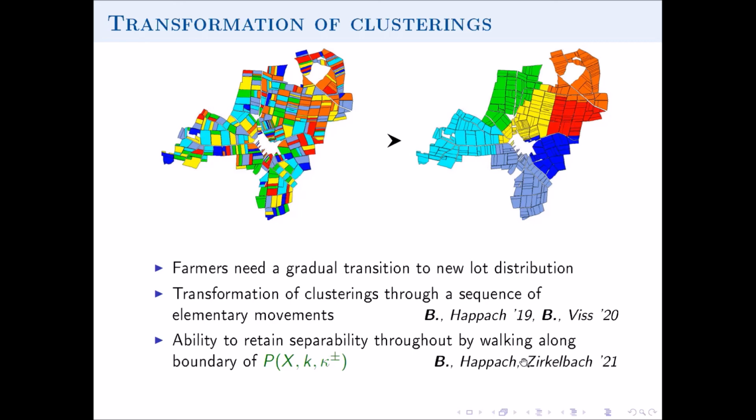And we are actually able to retain separability throughout by walking along the boundary of the partition polytope that they belong to. So it's possible to walk from one clustering to the other one and keeping the ability to form a separating cell complex at all stages of this process.